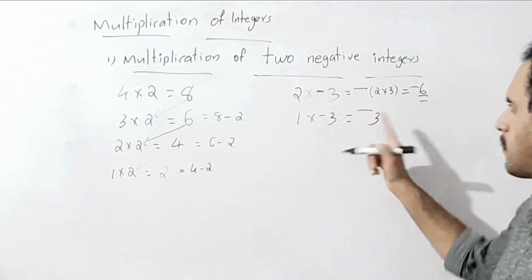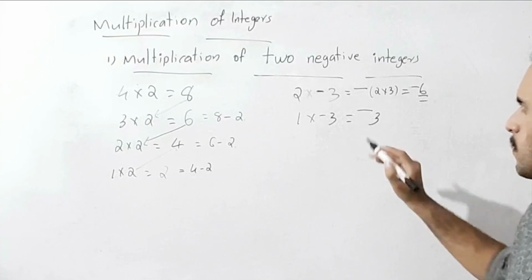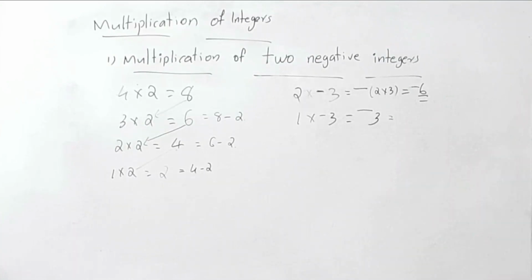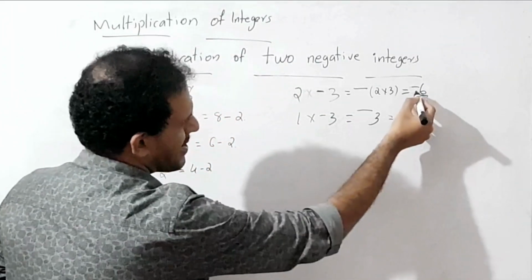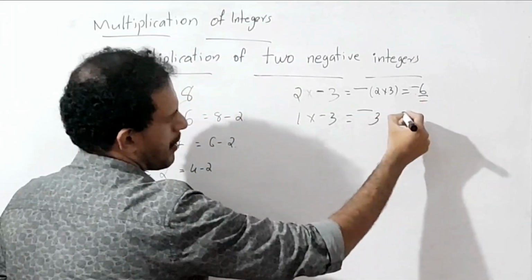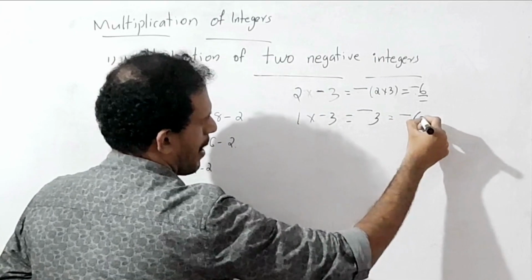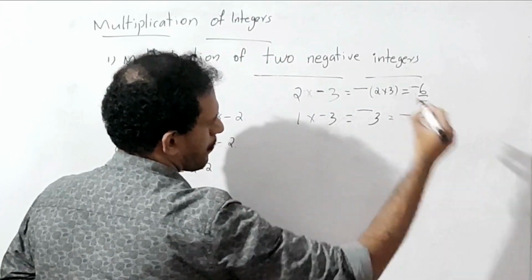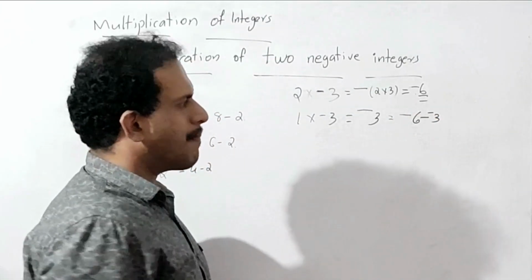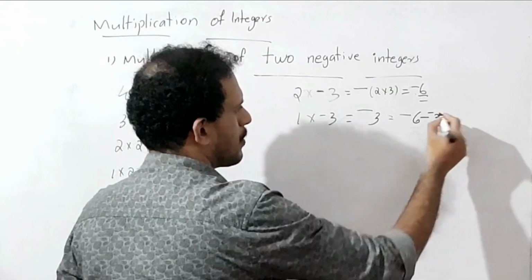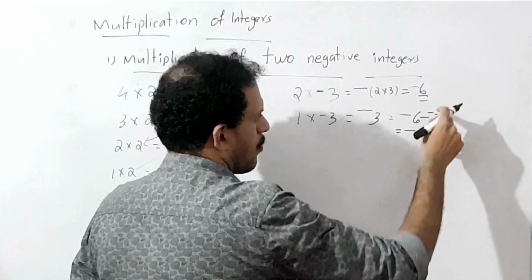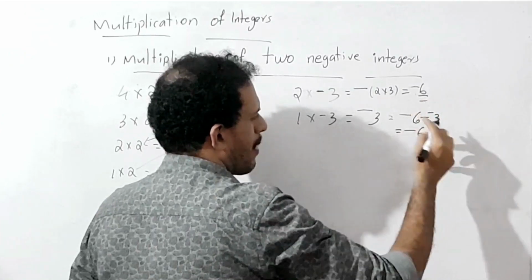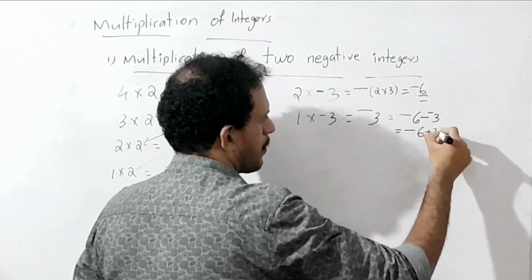Then, how do we get this minus 3 from the previous answer? This is very important: minus 3 is equal to minus 6 minus minus 3. When subtracting, we add the additive inverse of minus 3, that is plus 3.